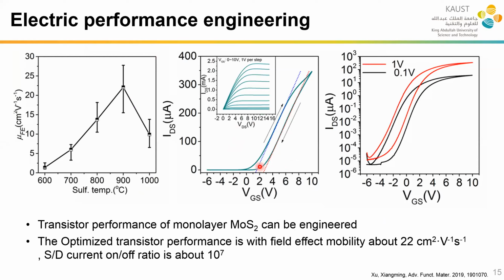Also, for the monolayer film, we got another surprising result. The mobility reached more than 20 on average, and also a very good on-off ratio. So this is somewhat similar to the single flake property.